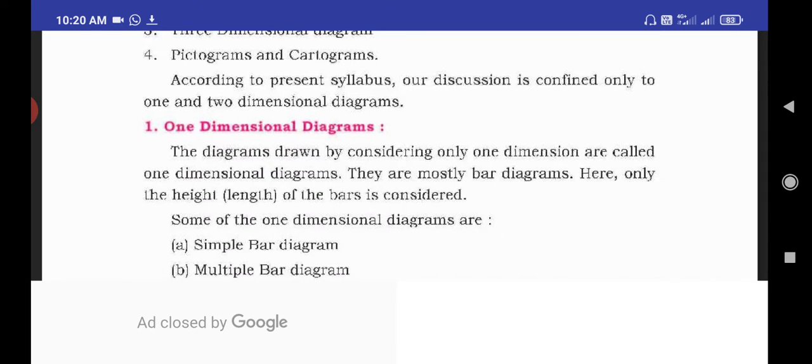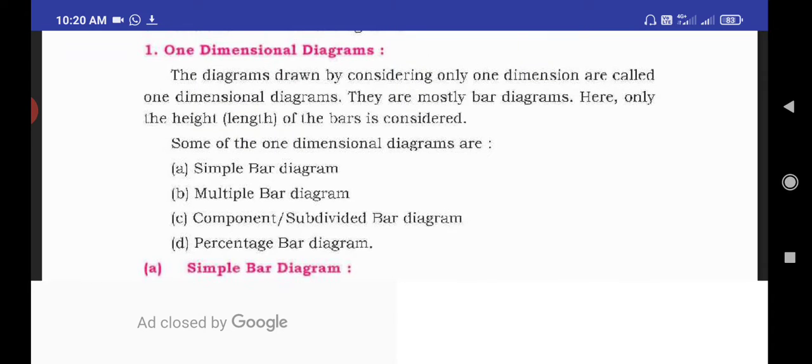First we have to discuss one dimensional diagrams. One dimensional diagrams means diagrams drawn by considering only one dimension. They are mostly bar diagrams. Here only the height or length of bars is considered.